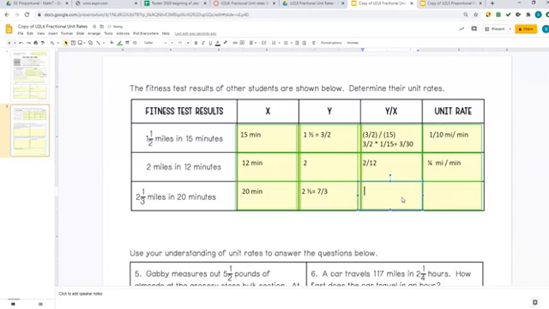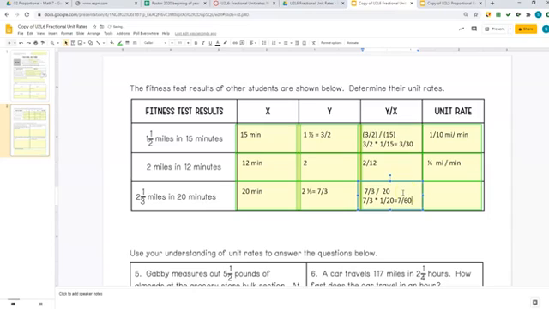Here we've got 7/3 divided by 20. Alright, so that is going to be 7/3 times 1/20, and that's going to equal 7 divided by 60.